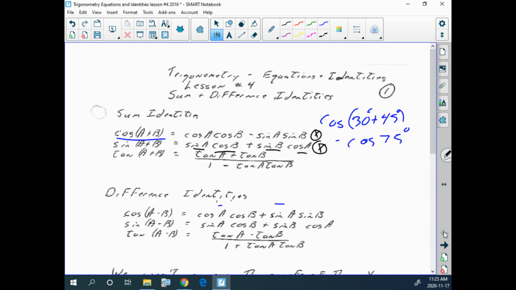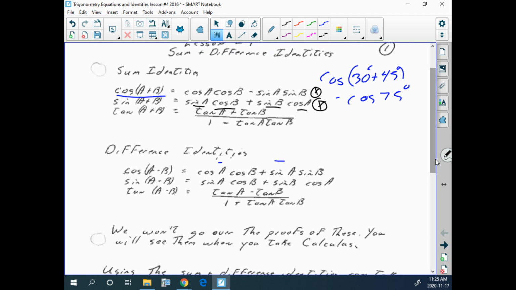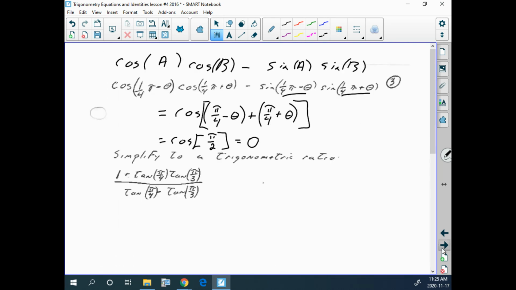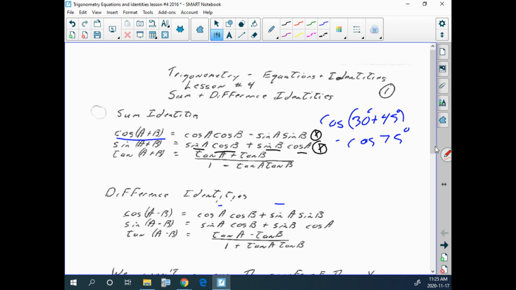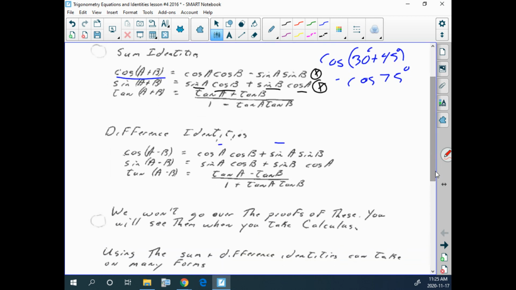Going back to my sum or difference identities, actually I must have a negative sign. This is a negative sign, not a multiplication sign. Does it look like this one, or does it look like that one?